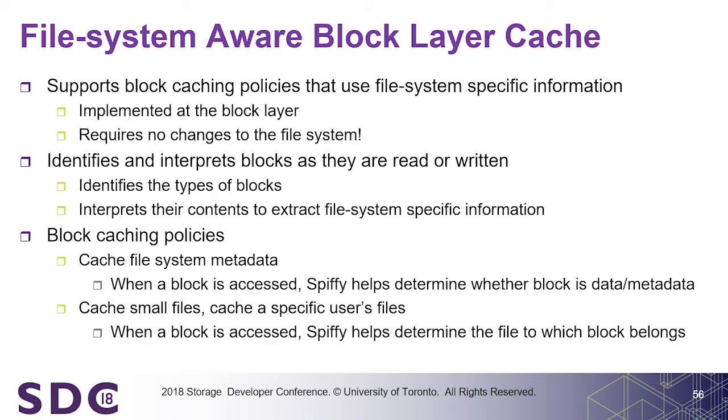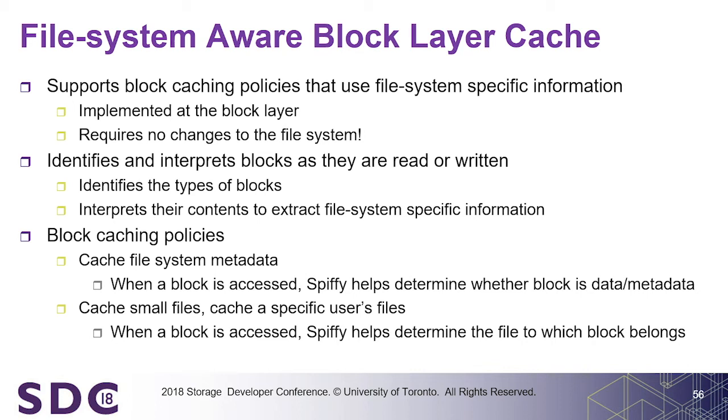The next two applications that we will present are implemented inside the kernel, and they operate while the file system is running. Our file system aware caching application supports various file system specific caching policies. It is implemented in the block layer, but it requires no support or any changes to the file system.